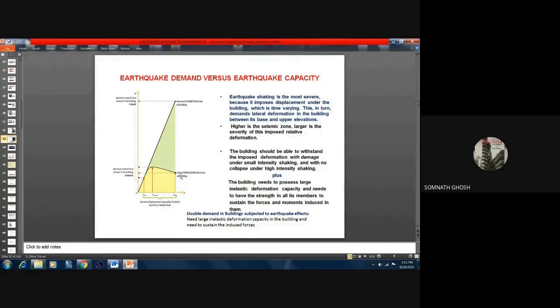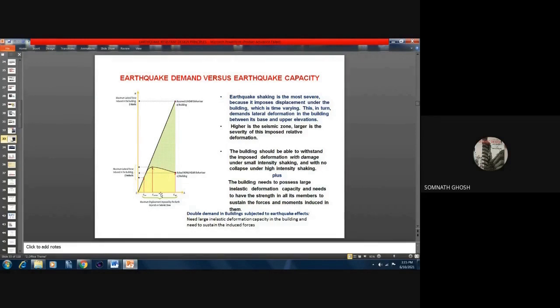And in this way, you are gaining huge energy dissipation, which is just what the building requires. Of course, the serviceability limits are also given.